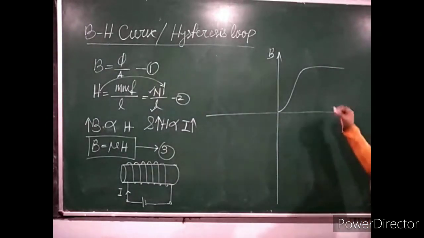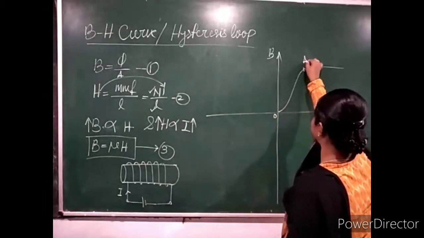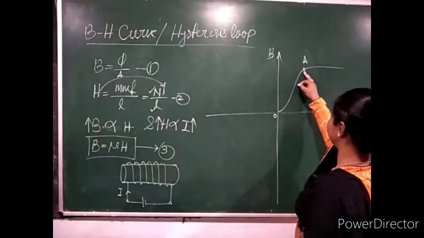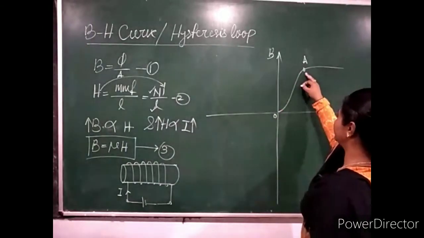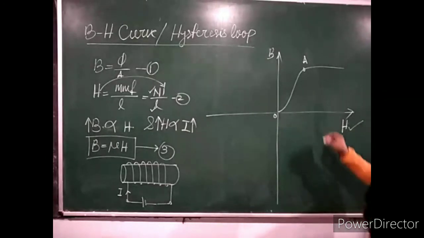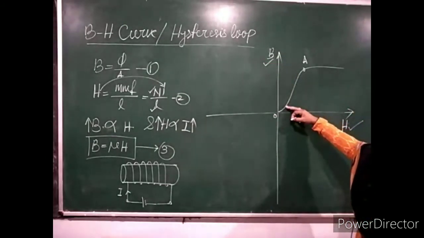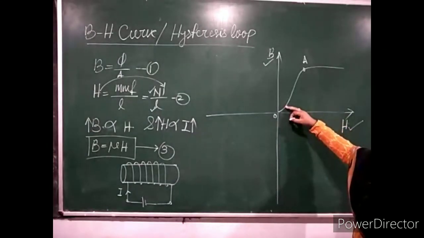Let this point be O, this point be A. From O to A, when flux intensity increases, flux density also increases. Up to this range it increases a little bit slowly.